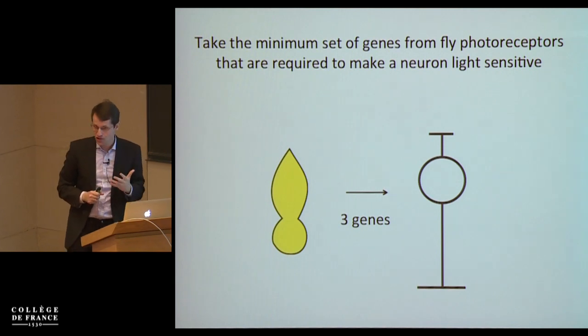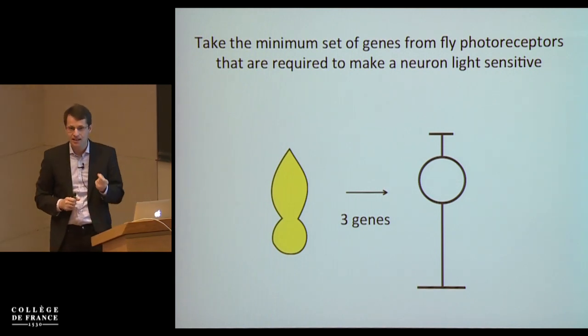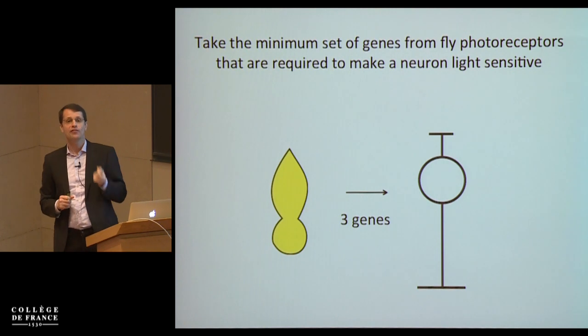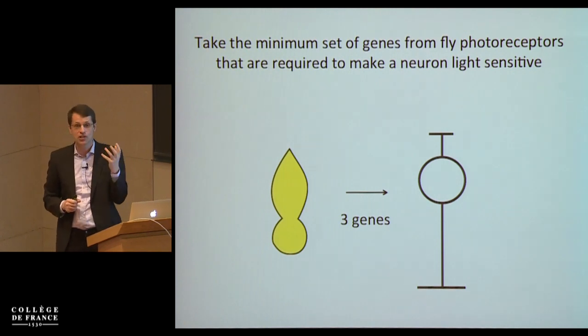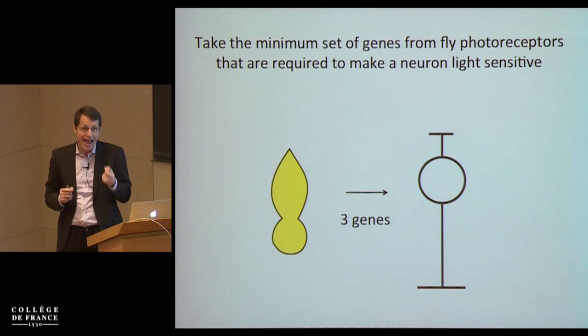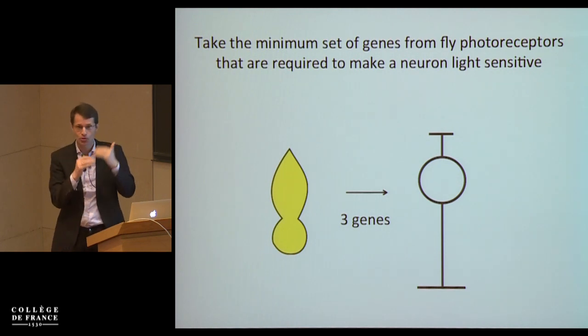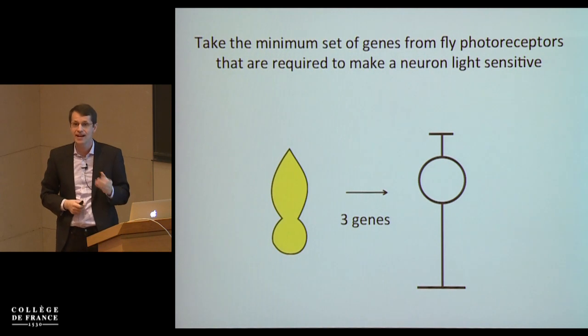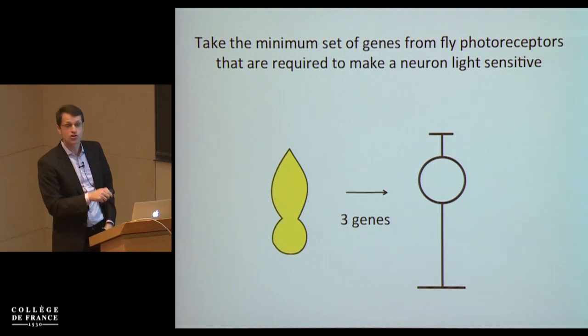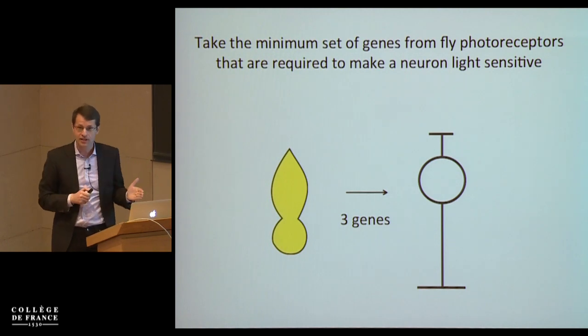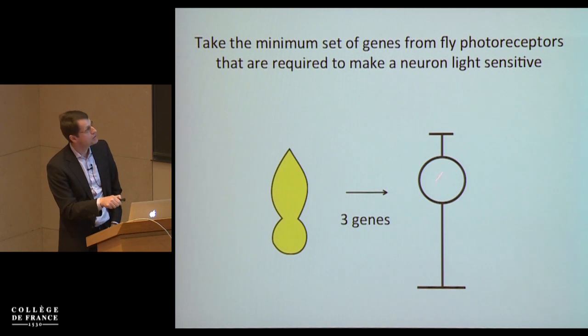And he had a very ingenious idea how to do it. He knew that fly photoreceptors need around 10 genes, 10 proteins, to create a light response. He simply said that likely 10 is too much, as this also includes some modulator proteins, so let's find the minimum set that is able to control. And he found that 3 genes is enough to turn a cell into a photoreceptor. And then he put them into neurons.